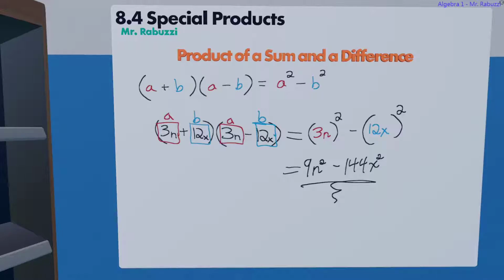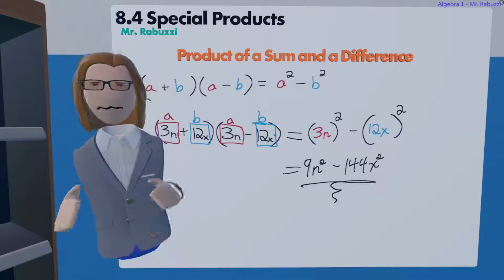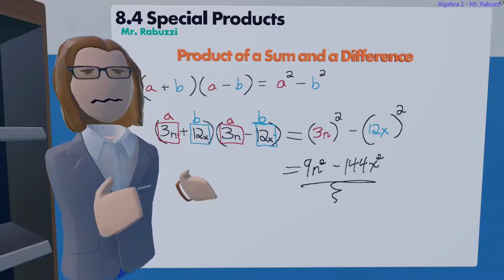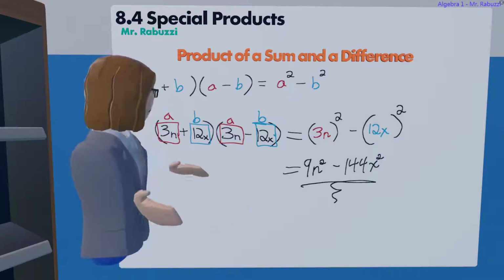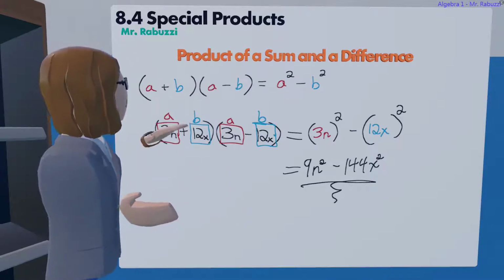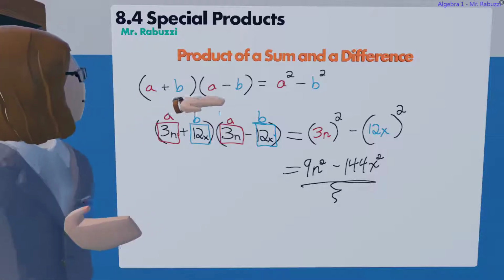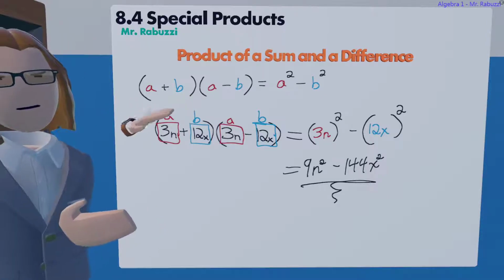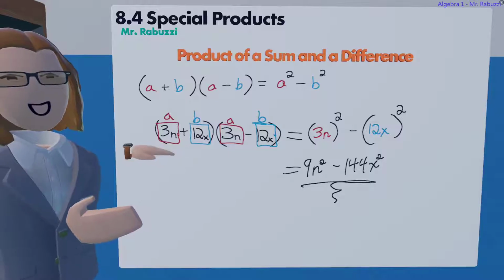Okay. So this one, I definitely think this one is faster than doing the FOIL method or than distributing just plain. The only problem here is you have to realize it needs to be exactly like this when you start, right? They have to have the same pieces.